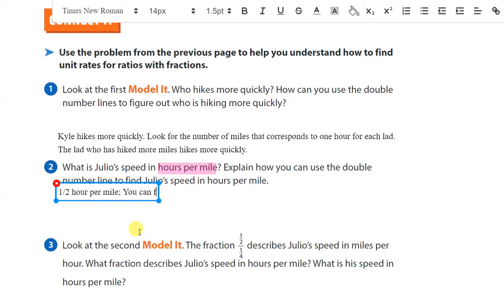You can find the ratio of hours per mile, and then you can divide the number of hours by miles to find the rate.